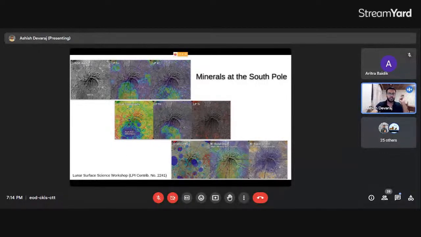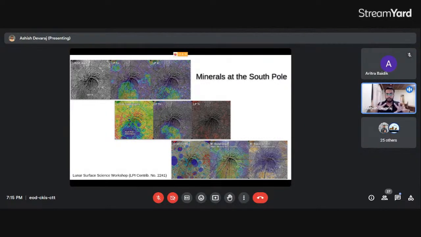The color shown in this figure corresponds to the height of the topography of the surface of the moon. Blue is the lower regions and red is the highest regions. So blue shows a huge basin, a kind of huge crater, that was formed during that early evolution of the moon.